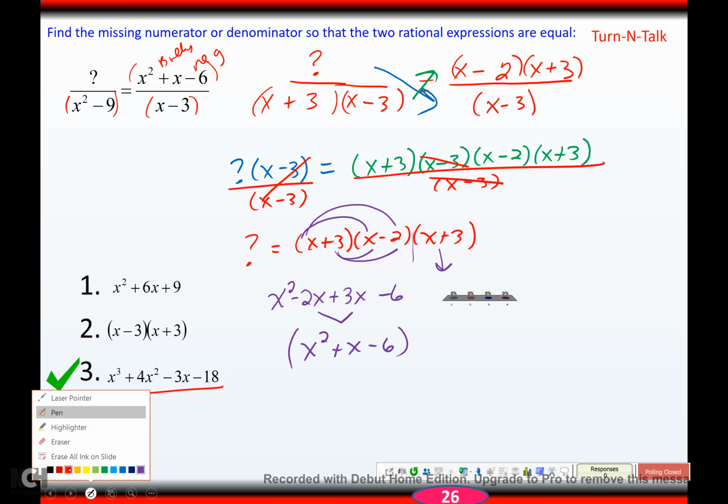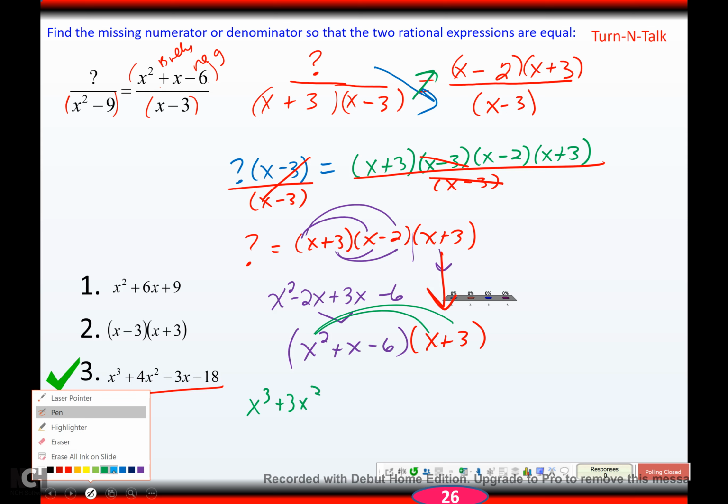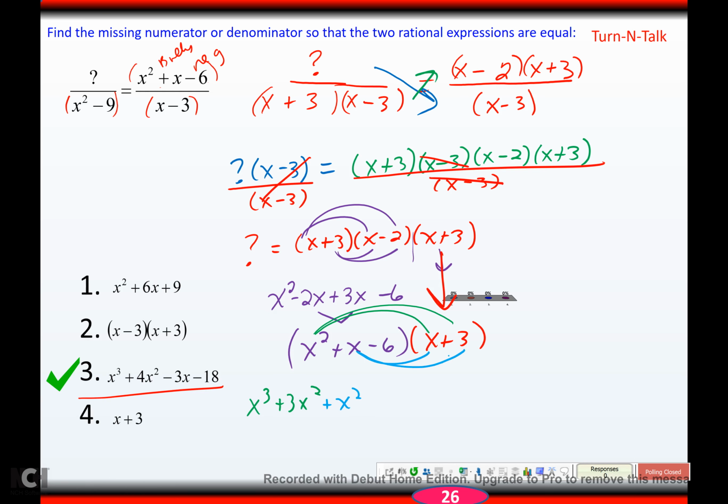But I still have to multiply that by this x plus 3 factor. So if I do that, I have x squared times x is x cubed. X squared times positive 3 is positive 3x squared. And positive x times x is positive x squared. X times 3 is 3x. Negative 6 times x is negative 6x.